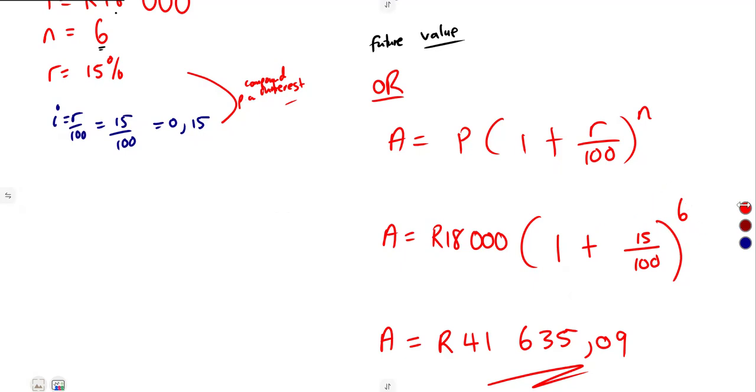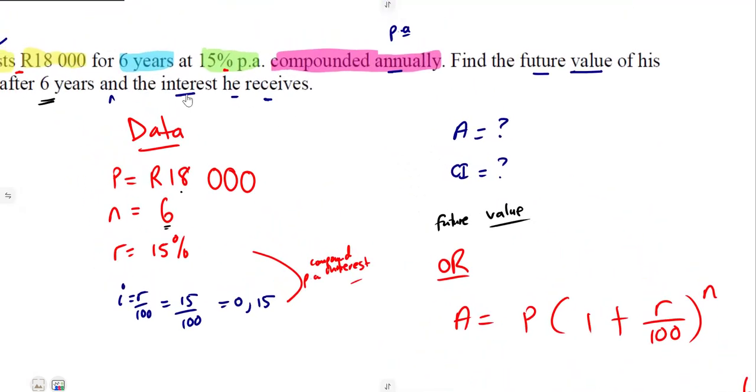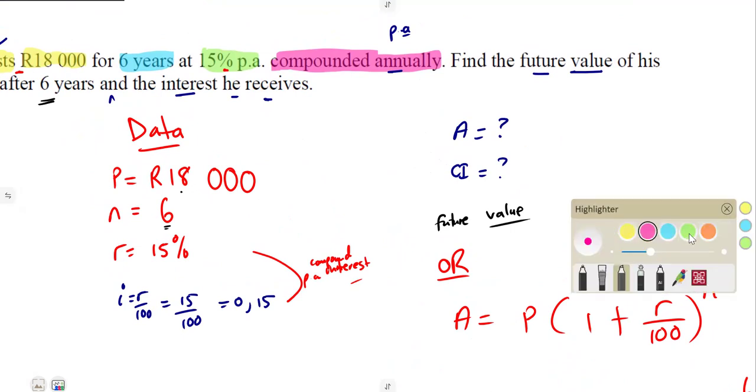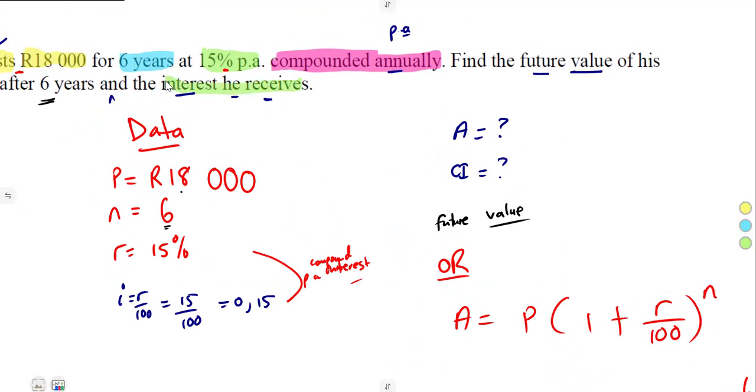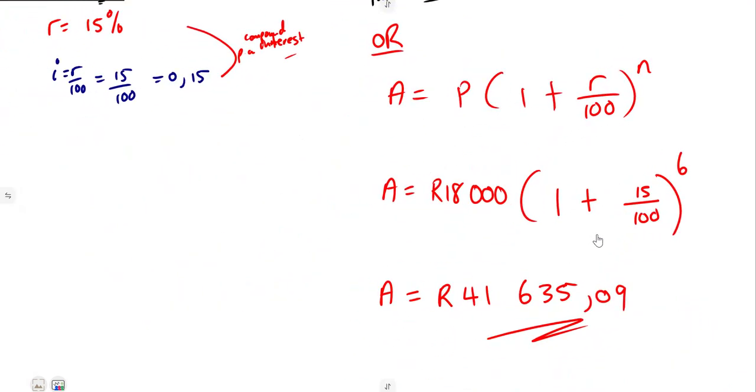Of 6 years. But remember, that was not the only question. It was also the interest he receives. We also need to determine the interest he receives, which is the compound interest, or you can just write interest. It's not a problem. Write compound interest.